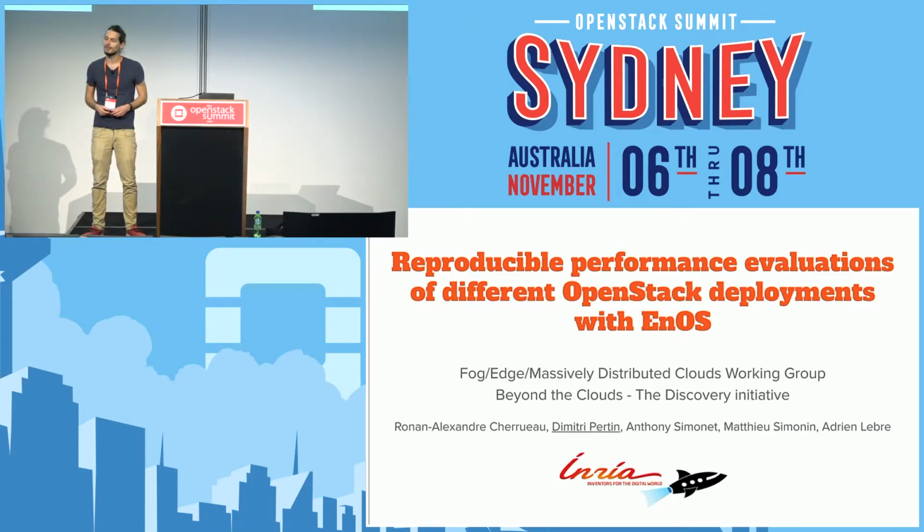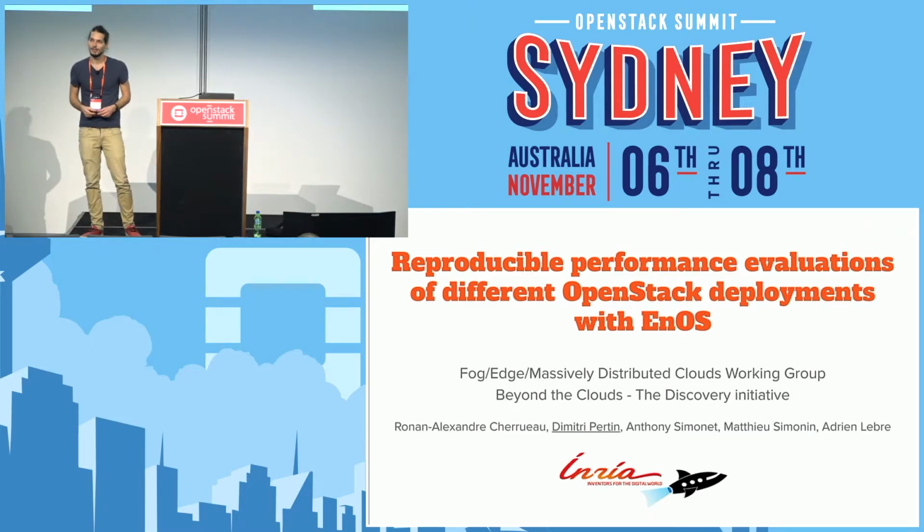Have you performed this evaluation for any commercial OpenStack releases? You mean the distributions of OpenStack? No, not yet. We are using the upstream version of OpenStack. But would you be interested in that?